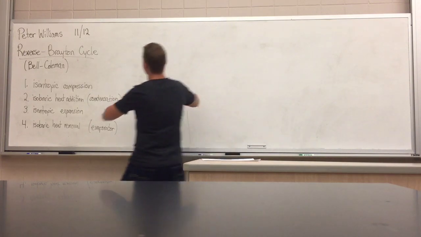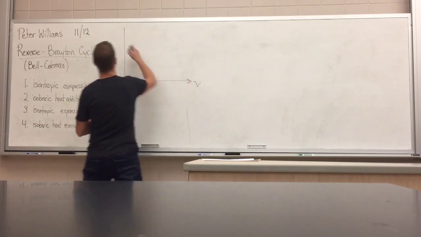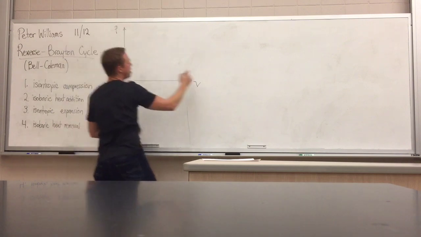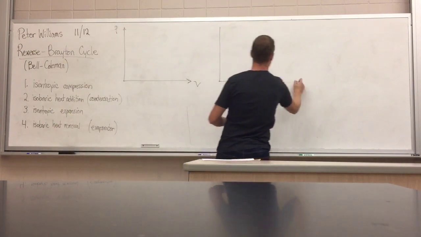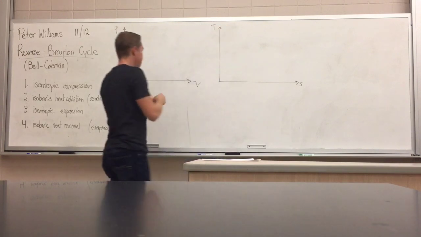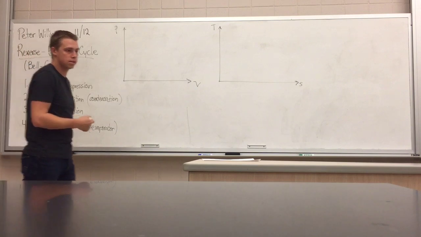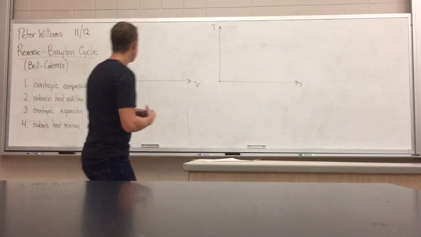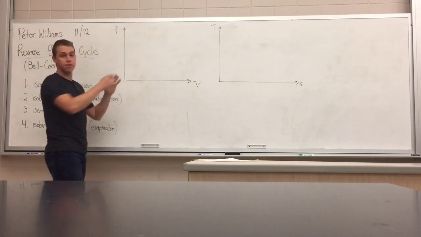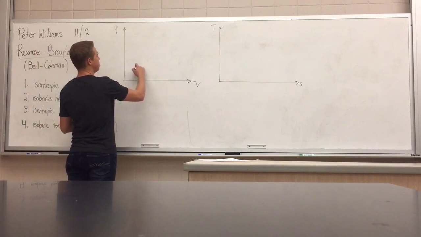Now, as always, we're going to track the progress on a nice big PV and TS diagram, okay? And we're going to look at what's happening to the different points. The first thing that should be noted is for the PV diagram, we can actually sketch in a familiar shape.